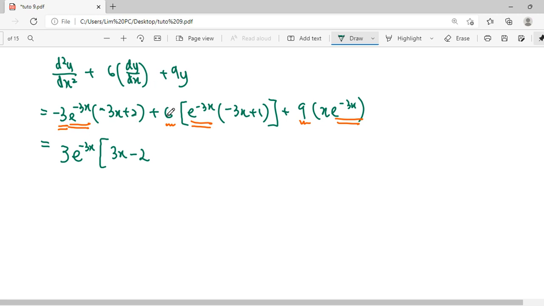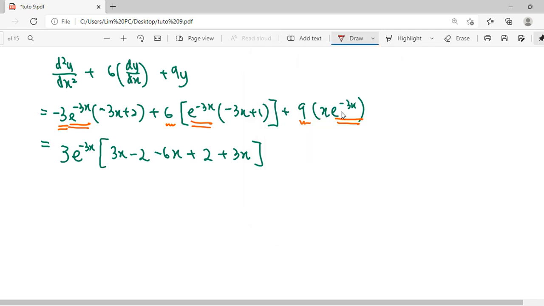For this 6, we take out 3, then 2 will times this, and then 2 will times 1. Then lastly, we take out 3 from 9. We have a 3 here, so we plus 3 times 3x. This factor we already took out.